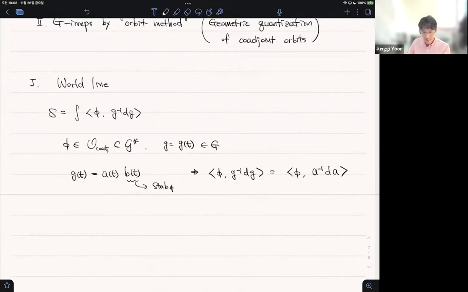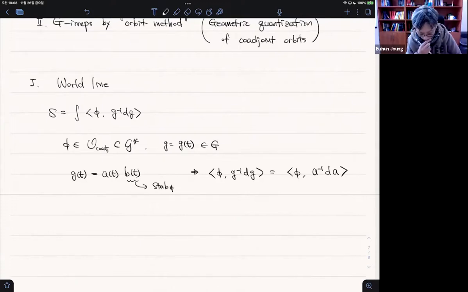I think it's possible to mod out the stabilizer on the right action. I think so, but I don't know whether there will be any subtlety in doing that.